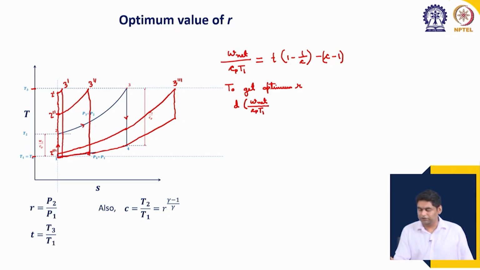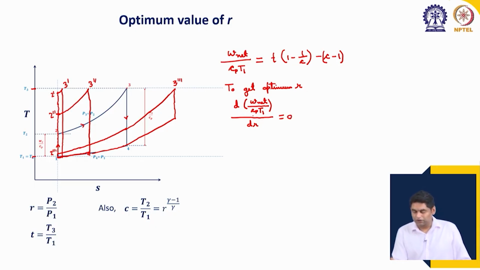Remember that non-dimensional, because we are non-dimensionalizing it with CPT1, net because this is the net work output, so after removing the compressor work, and specific work output because this is per unit mass flow rate of the working fluid. So, this derivative of this with respect to R, equate it to 0 to get the optimum value of R.